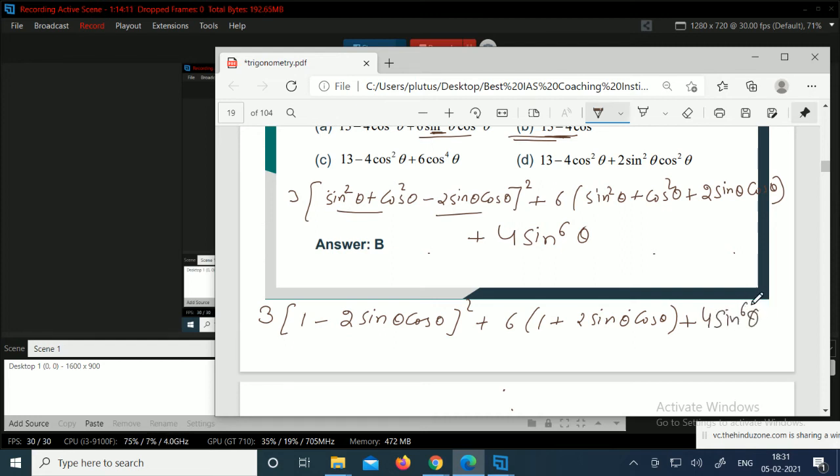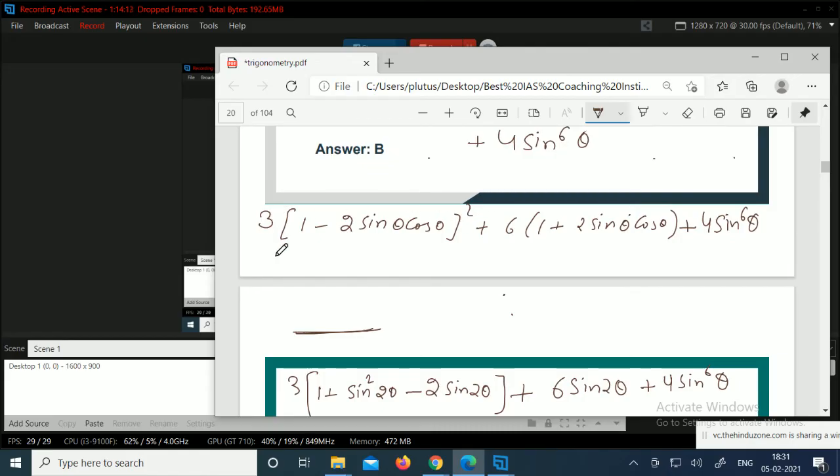Okay, if I expand this, this is 3 into 1 plus 4 sine square theta cos square theta minus 4 sine theta cos theta, by squaring this. Are you getting this up to here? By squaring this expression, and this is 6 plus 12 sine theta cos theta, and this is 4 sine 6 theta.